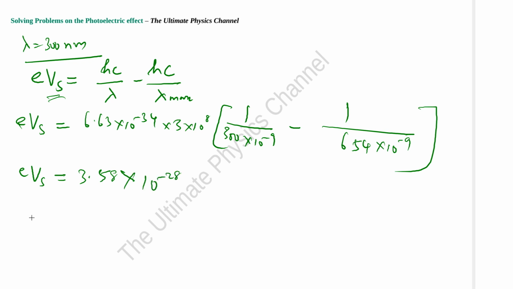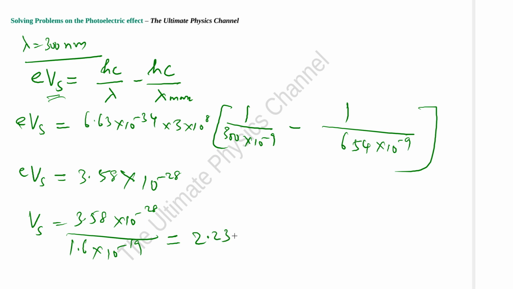That's what I'm getting. So Vs is 3.58 times 10 power minus 19 over 1.6 times 10 power minus 19, that would be 2.23 volts. That's the value I'm getting.